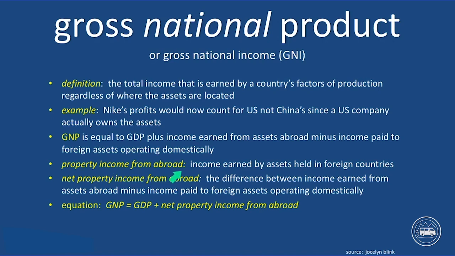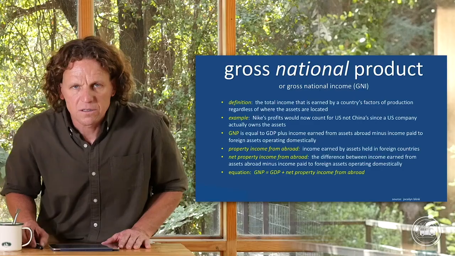So property income from abroad, that's just income earned from assets held in foreign countries. That's Nike being in China. Net property from abroad. These are econ terms that you need the definitions of. Check out the notes that are associated with this video if you want more clarity on this. It's the difference between income earned from assets abroad minus income paid to foreign assets operating domestically. Good night.